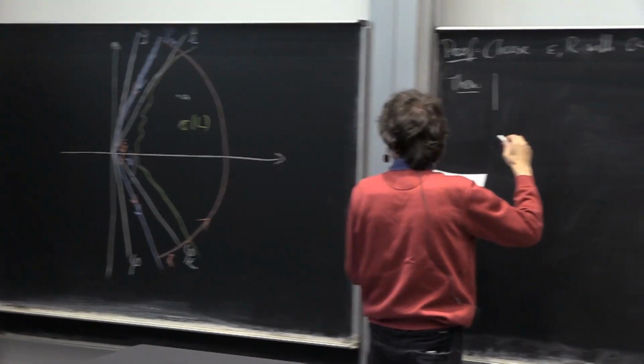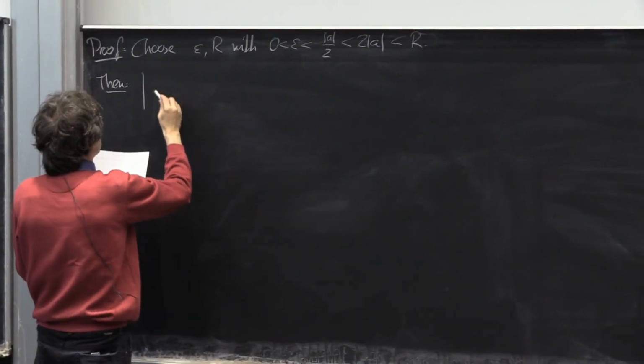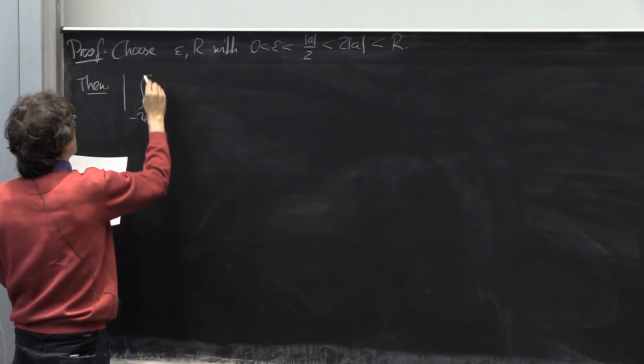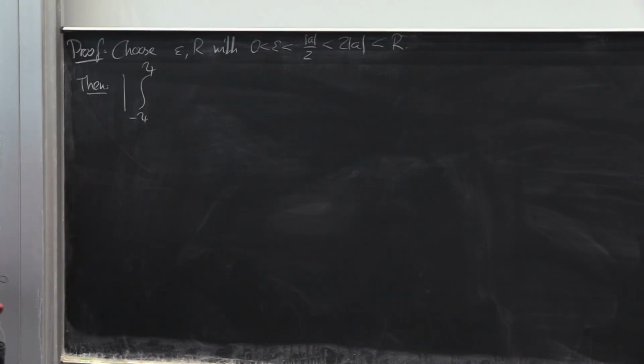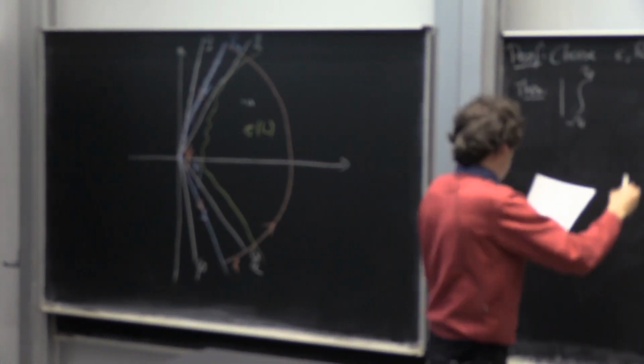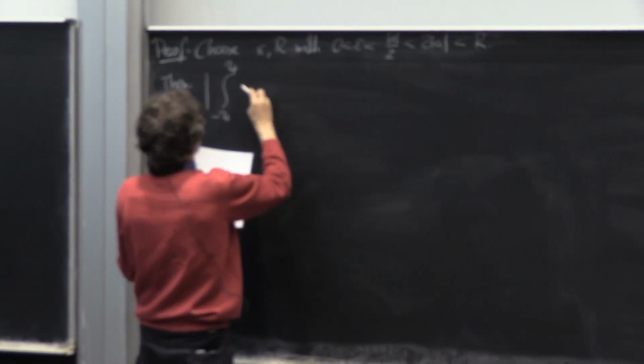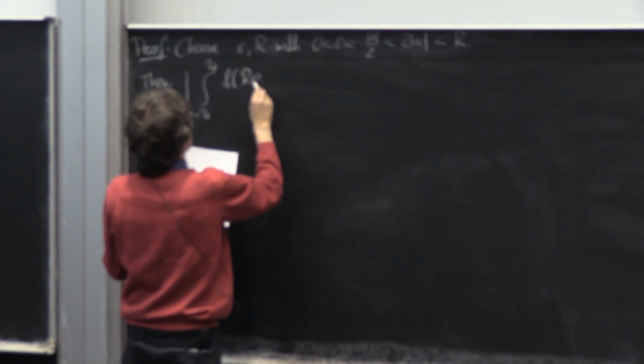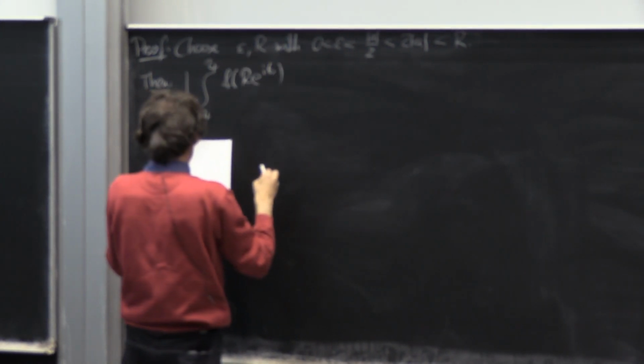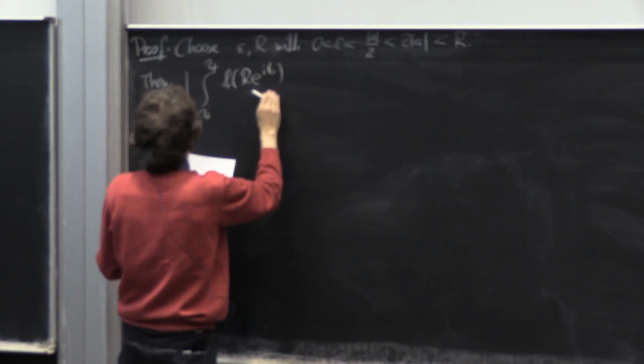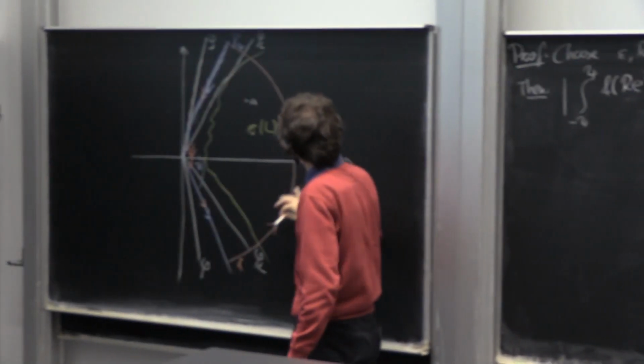What happens if you put in the parametrization? Then you get an integral going from minus psi to psi, so the argument goes from minus psi to psi, of f of r e to the it. So this is the parametrization of the long red arc here.